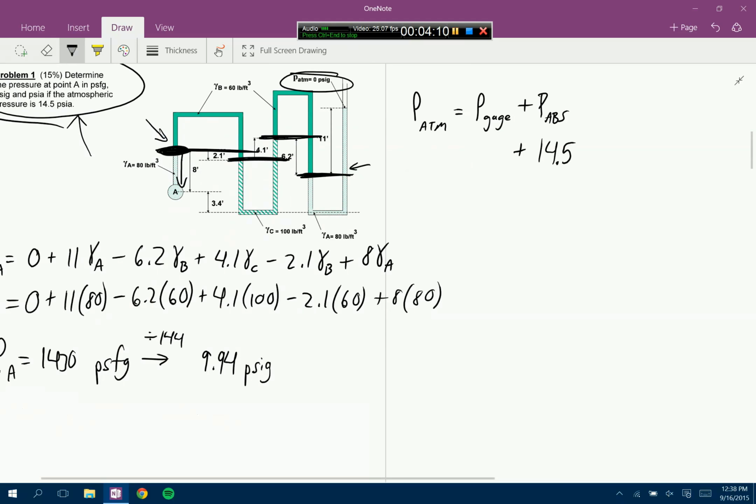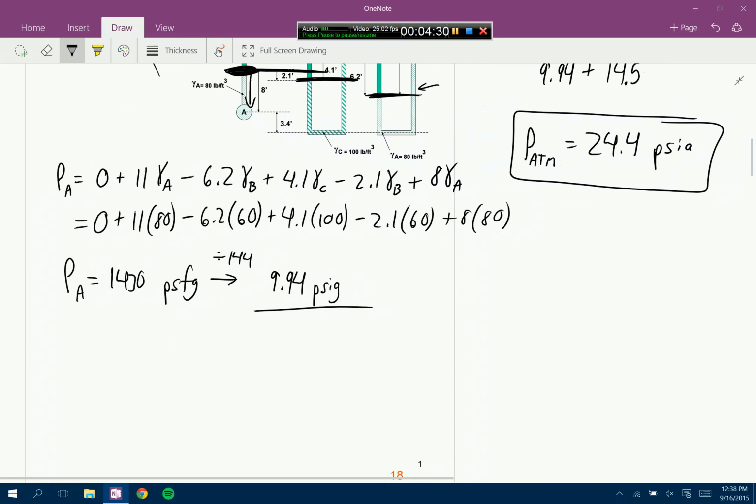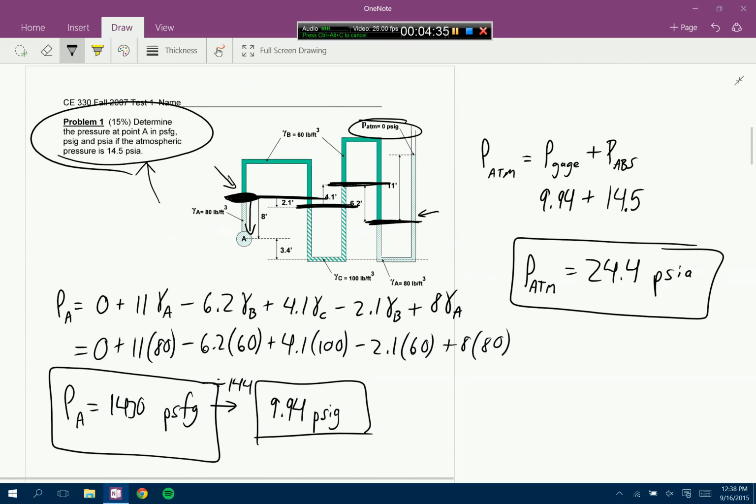And the pressure in gauge we found right here is 9.94. So the P absolute is 9.94 plus 14.5, which ends up being 24.4 psia. And the A just stands for absolute. There's our answer. Here's our answer, and here's our answer.